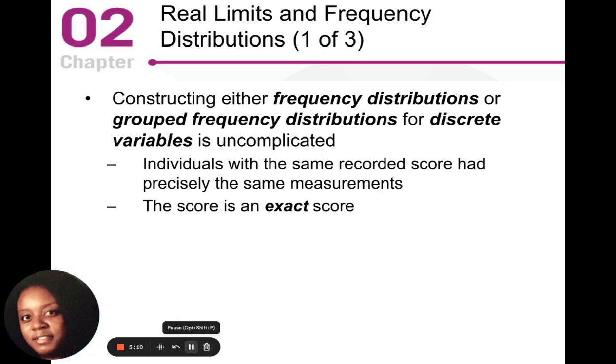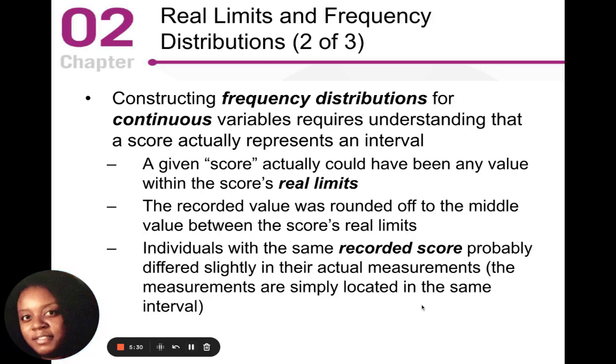Whenever we are looking at real limits in frequency distributions, constructing either frequency distributions or group frequency distributions for discrete variables is fairly easy to do. The score will be an exact score, and individuals with the same recorded score will have the same measurements.